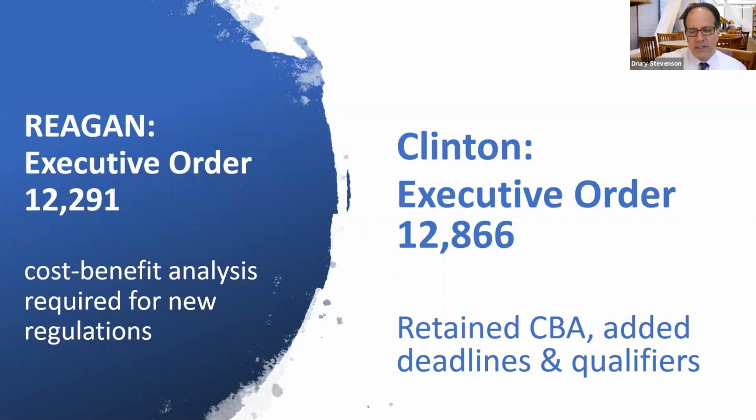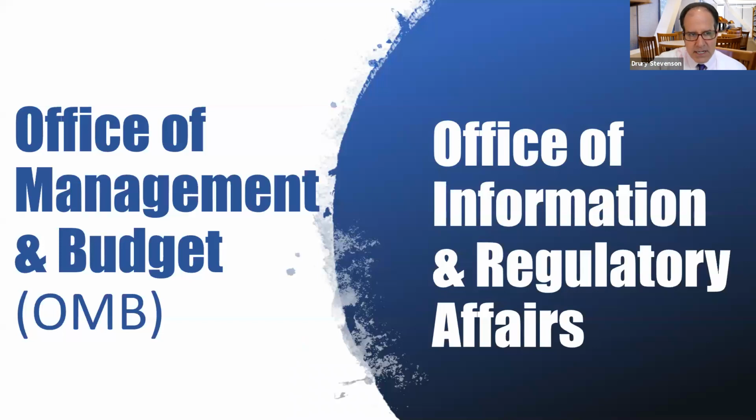So sort of the human side of things can be factored into the approval or disapproval process. And so again, as you might expect, when the second Bush administration comes in after Clinton, the OMB again has a very robust role.